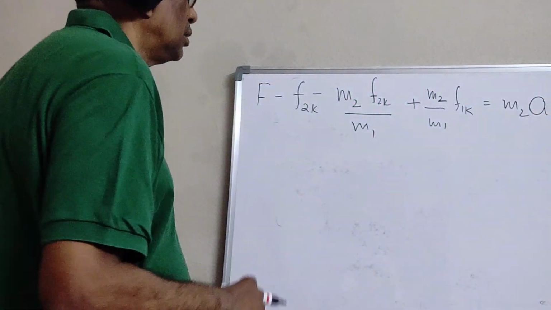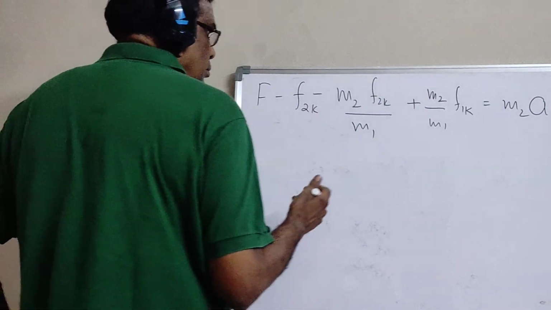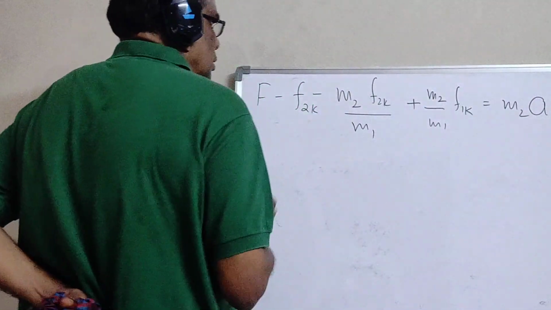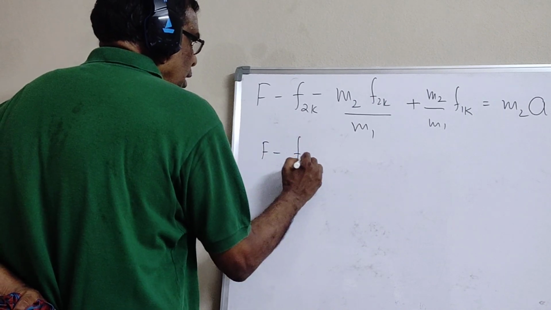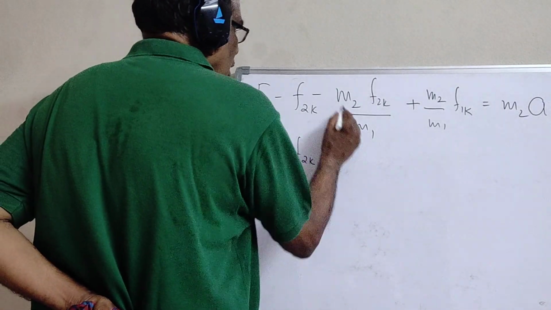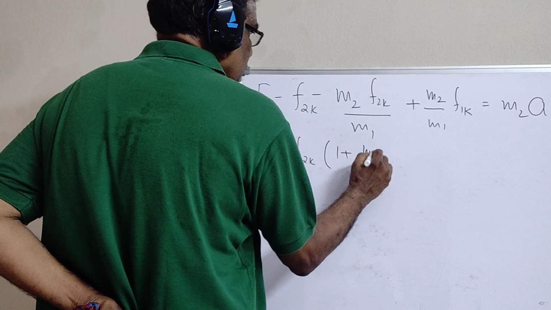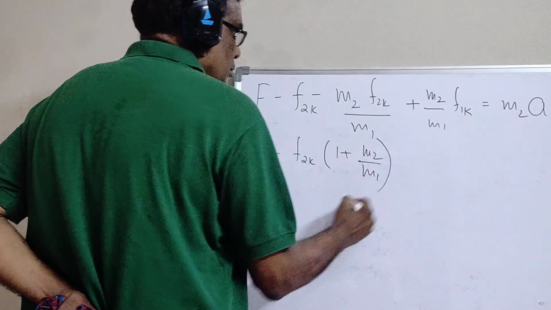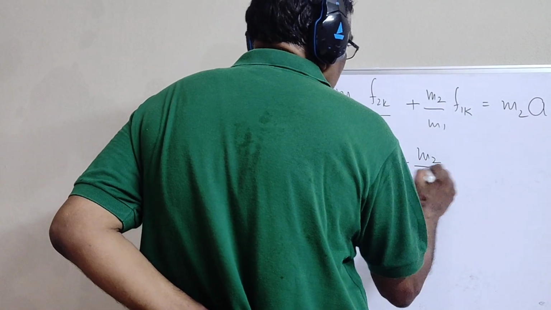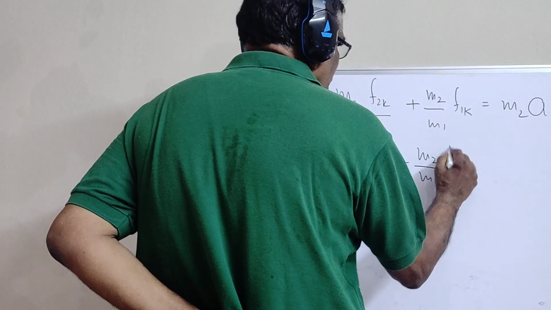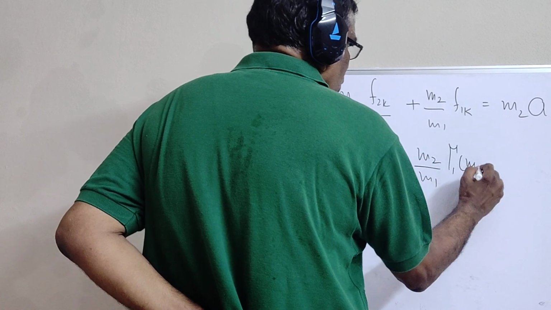Alright? Now, well, F2k is common, this plus M2 by M1. What is F1k? mu1 into (M1 plus M2) g.